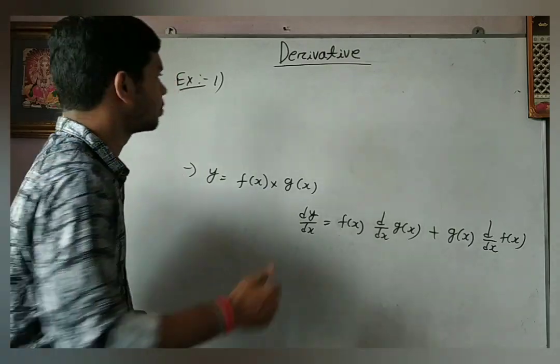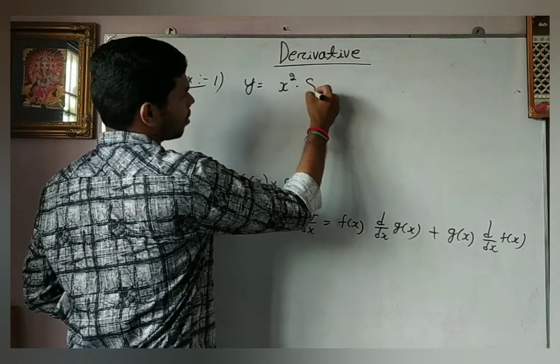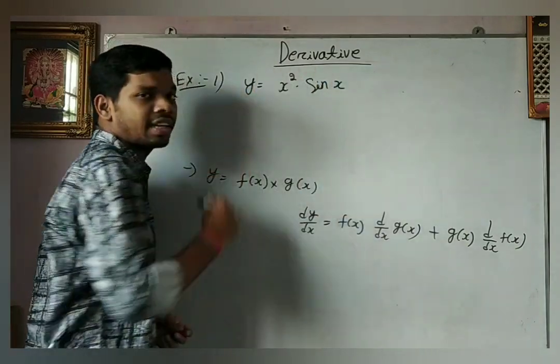First example, y equal to x square multiplied with sin x.